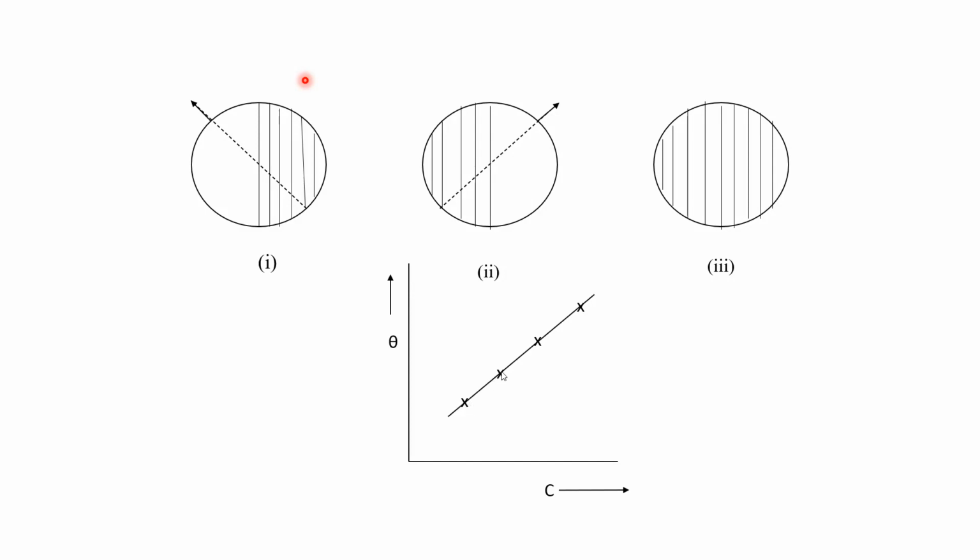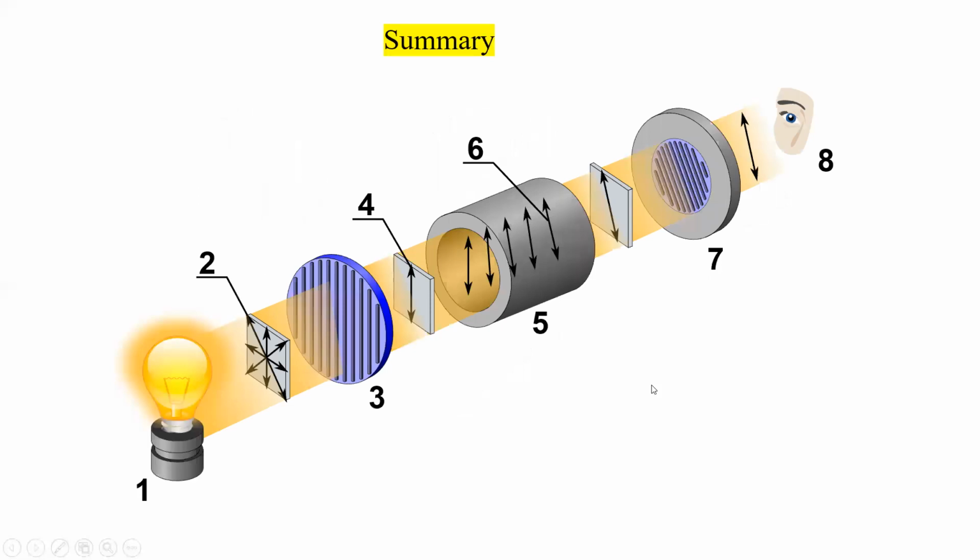As we increase the concentration, the theta values increase like this. If we draw the slope of this graph, it is theta by c. We put theta by c in the formula, and finally we get the specific rotatory power of the given solution. Okay, so this is the final conclusion of today's talk.